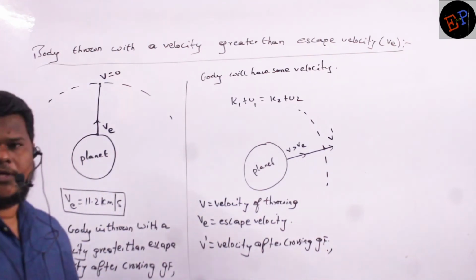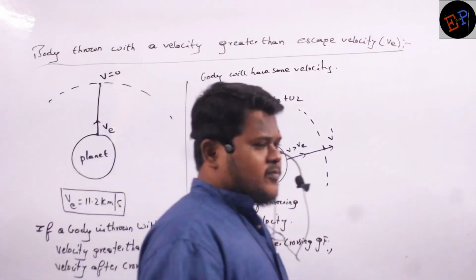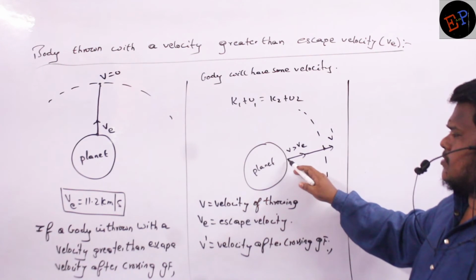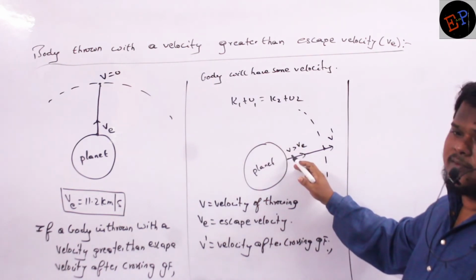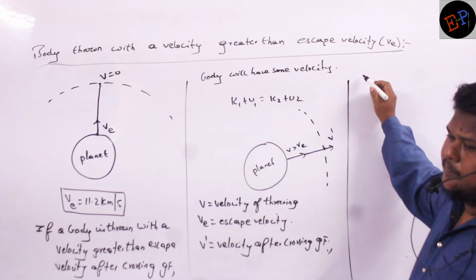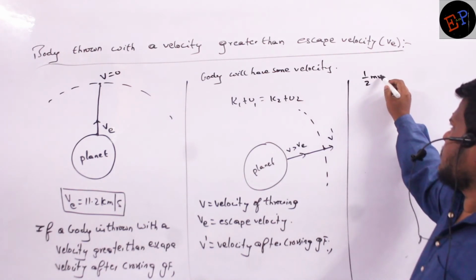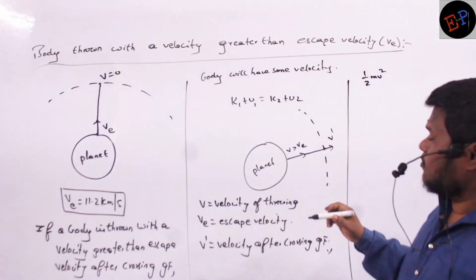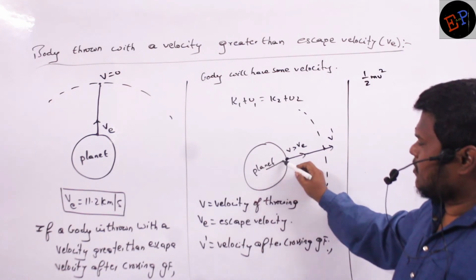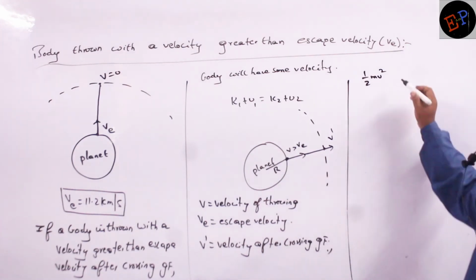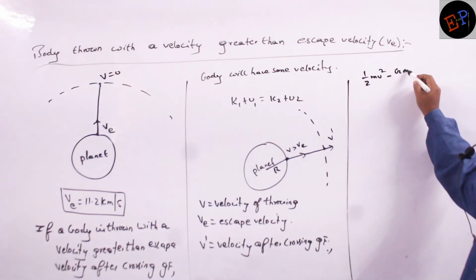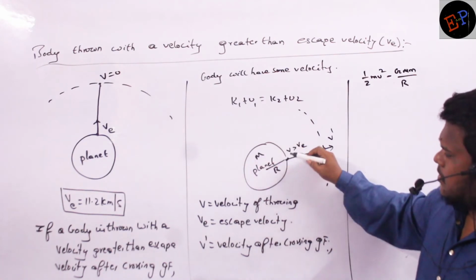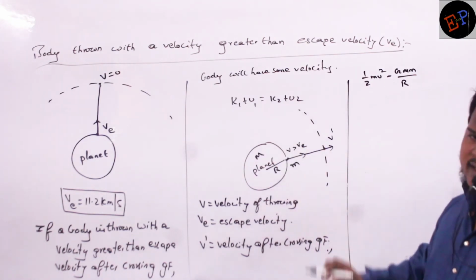Now we have to write a relation between them. I can use the law of conservation of mechanical energy. So what is K1? On the surface of the planet, I have thrown with velocity v, so the kinetic energy is half m v square. Potential energy? It is not 0. When it is on the surface of the planet, it is at a distance of r, so the formula for gravitational potential energy is minus G M m divided by r, where capital M is the mass of the planet, small m is the mass of the body, and r is the radius of the planet.